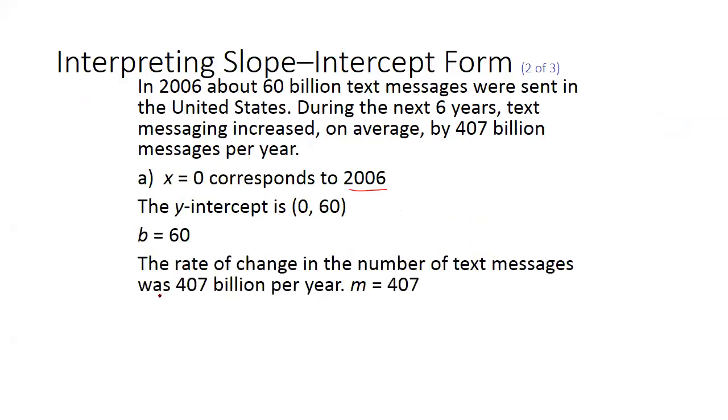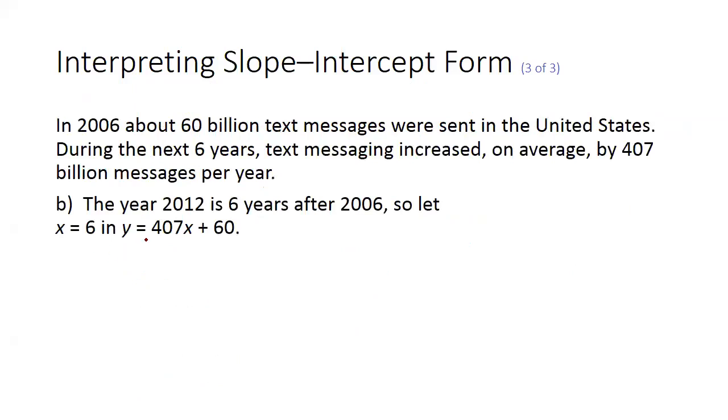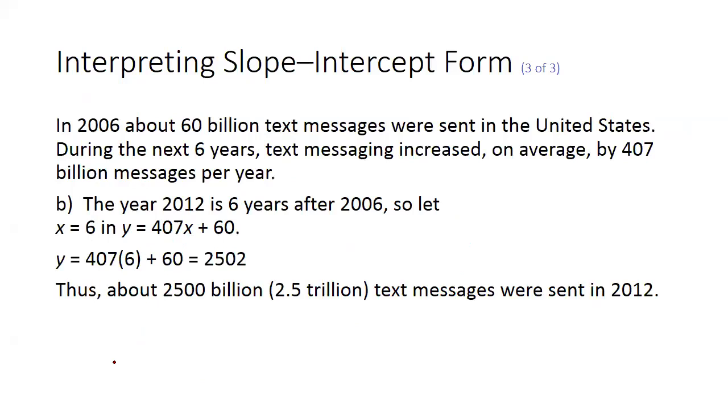And b is equal to 60, and the rate is given to me as 407, so we can write our formula on that. y is equal to 407x plus 60, and you can find the value for any other number. So at x equal to 6, you can substitute that and then solve for y, and that's how you can find the text messages in any other years, as you can see there.